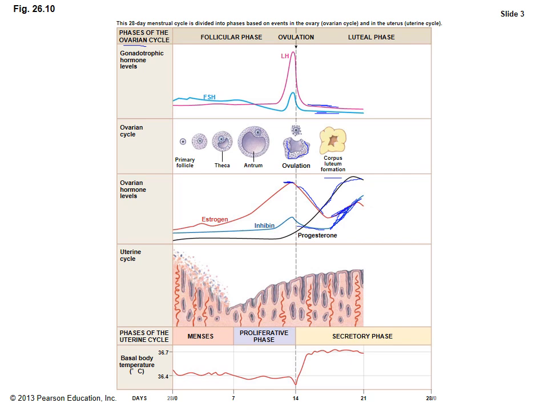Now, if we look at what progesterone does to the uterine cycle, under the influence of this dominant progesterone, the endometrium continues to thicken and prepares for pregnancy by becoming the secretory structure, because remember, this early to mid luteal phase corresponds to the first part of the secretory phase during the uterine cycle.